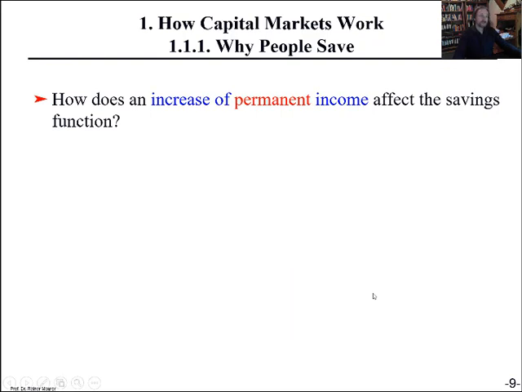How does an increase of permanent income now affect the savings function? Well, we can use the budget constraint to analyze this question. If we increase income, Y gets larger, so it must increase savings and or consumption.